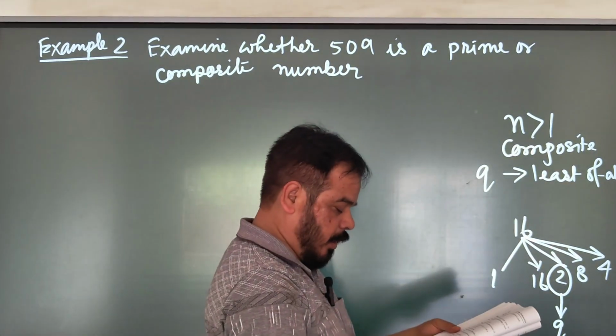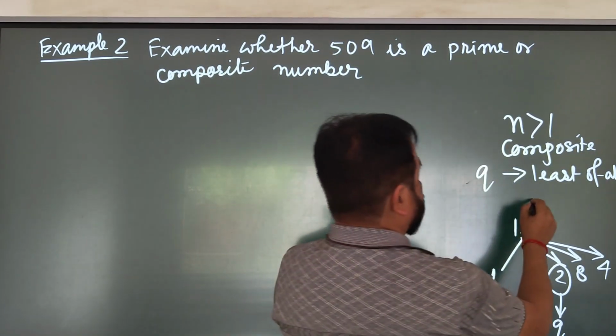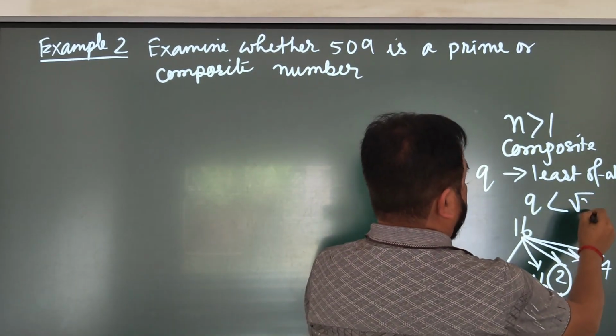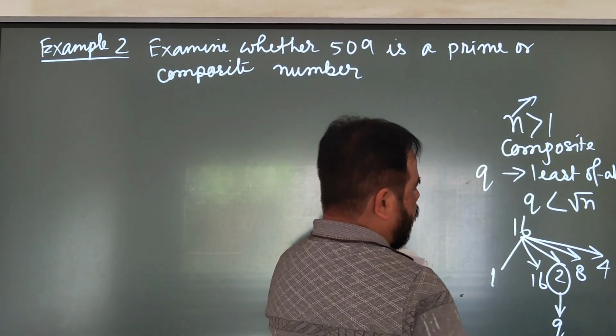So if q is the least, then according to the theorem, q is smaller than the square root of n. What is n? n is composite, that means 16.